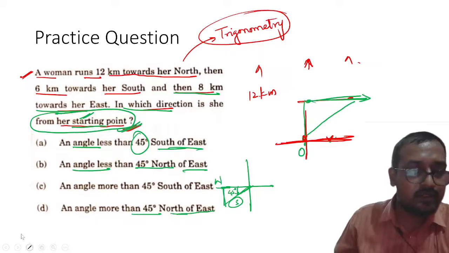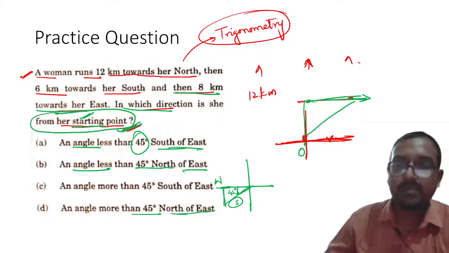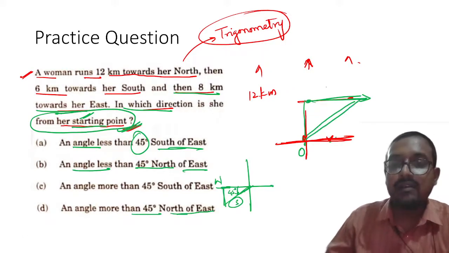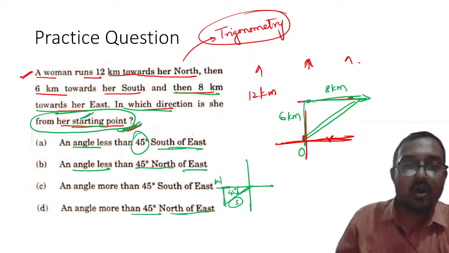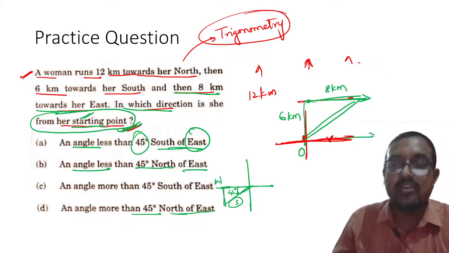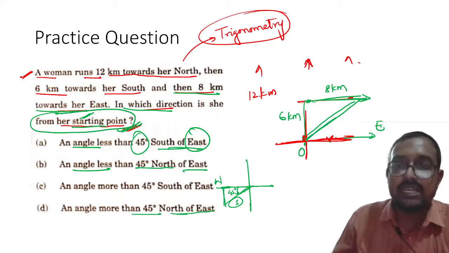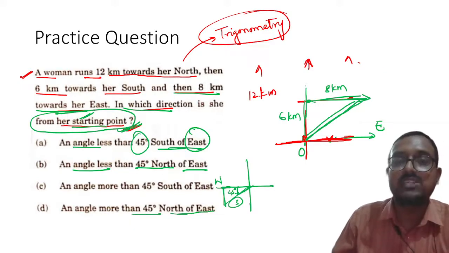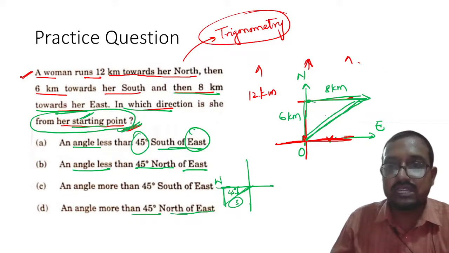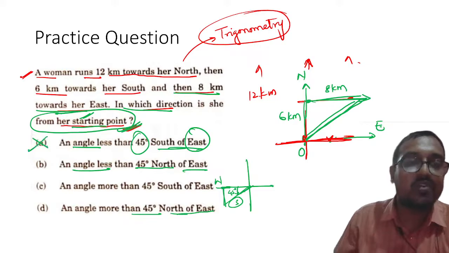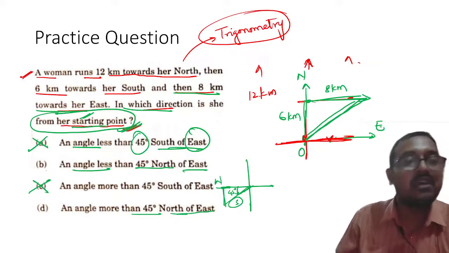Understood? So now my dear students, please remember, this is 8 kilometer, this is 6 kilometer. All the options say either north or south of east. So this is east and the person is towards north. So obviously the south of east options will go away.